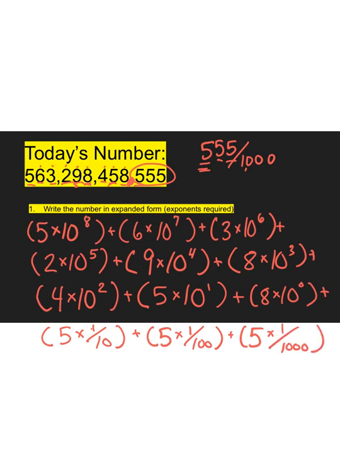Okay? So for these decimals, we put the fraction form that names our place value position. 1/10th, 1/100th, 1/1,000th. And we're going to go over this tomorrow during our live lesson, okay?